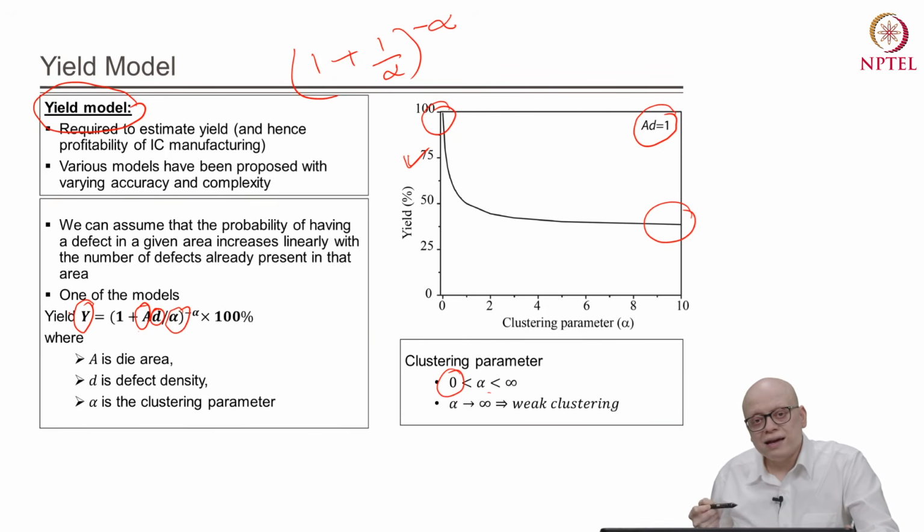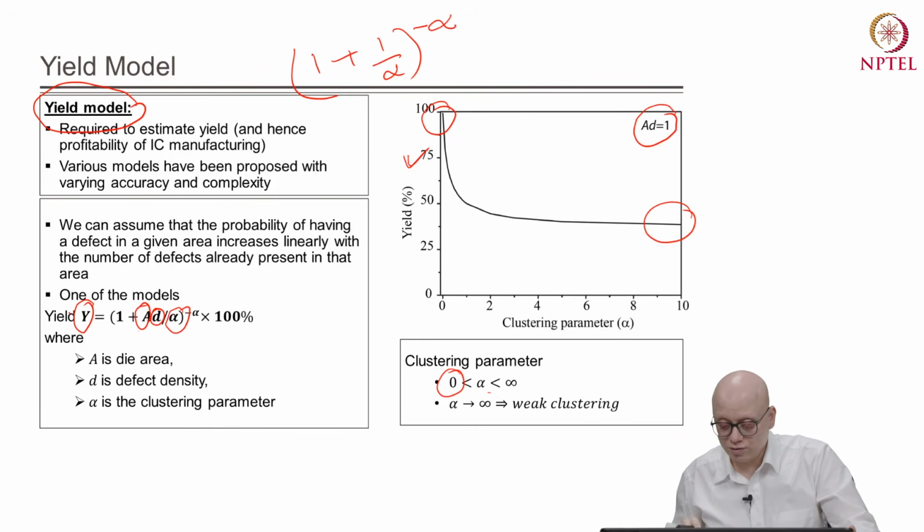So, we can get an estimate of yield using the chip area and the past data of yield, and using curve fitting we can get these parameters d and alpha. This is how we can use the yield model for computing yield and maybe the profitability of our venture.